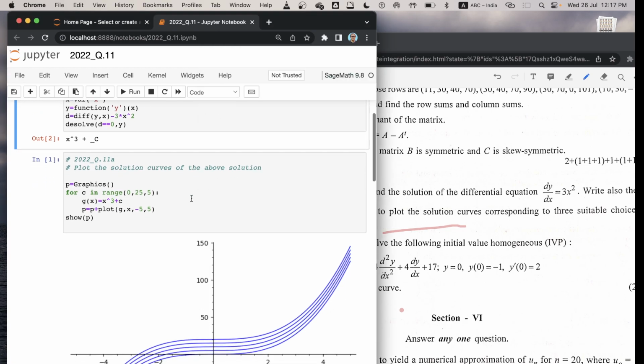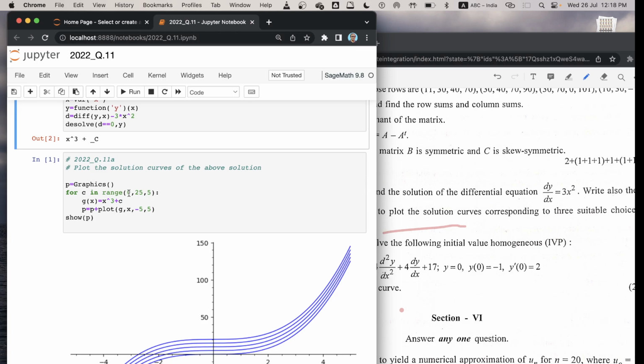Next question, we plot the graphs for three different values of c. P is the graphics object, for c in range(0, 25, 5). The first value of c is 0, the second is 5, the third is 10, and so on. The 5 is the increment, and the final value of c is less than 25.